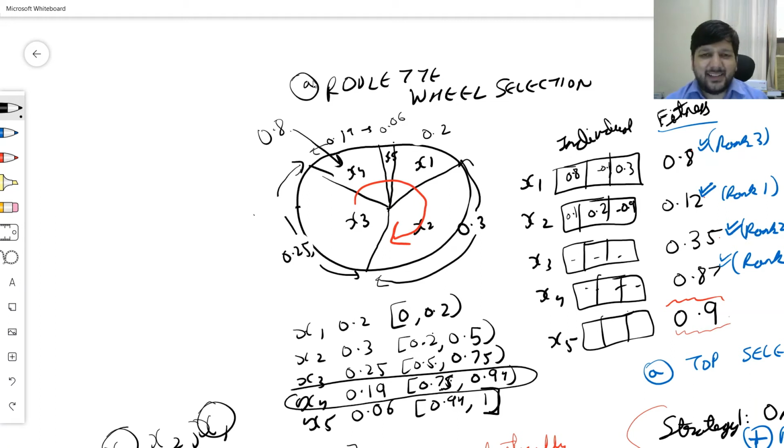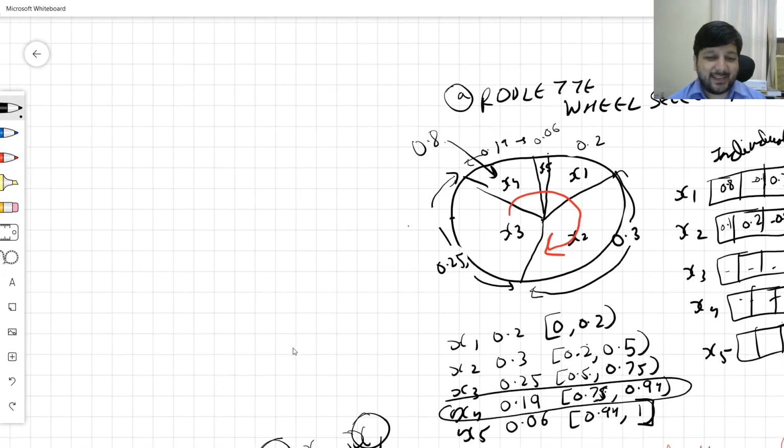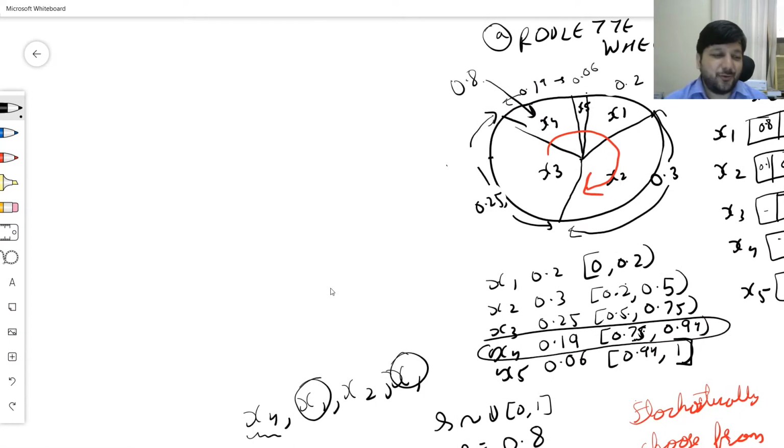Now, practically in roulette wheel selection, what happens is that a fitter individual gets selected too many times.